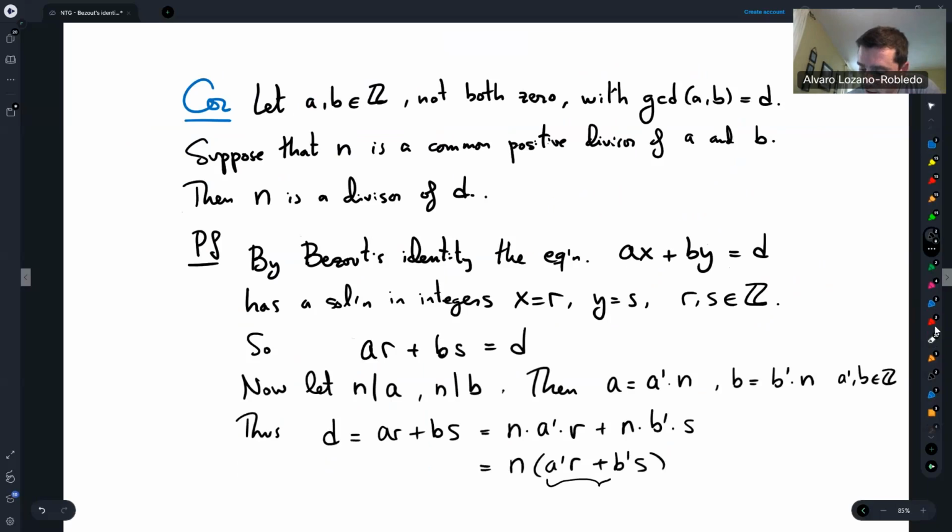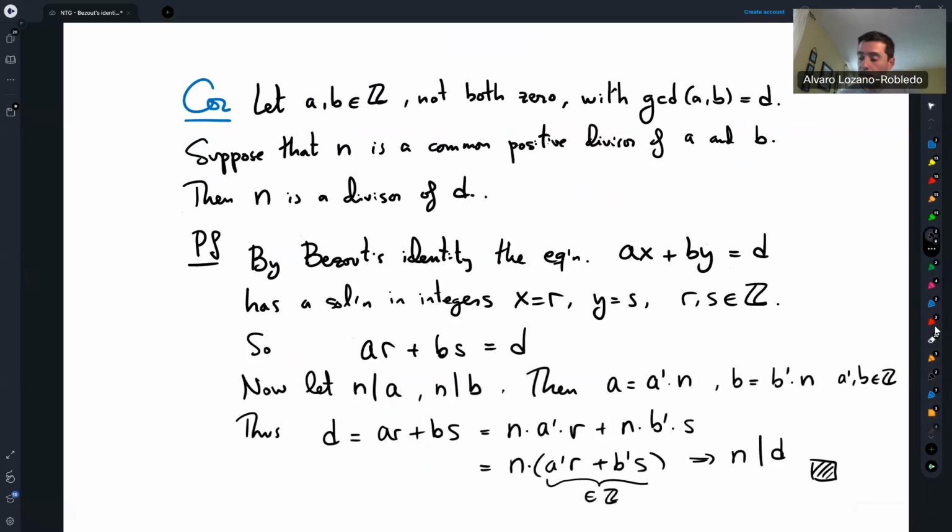And since this is a combination of integers, this is also an integer, and this implies that N is a divisor of D. N times an integer is equal to D, therefore N is a divisor of D, which is what I wanted to prove, that the common divisor N of A and B is also a divisor of D. Great. So that is one thing.